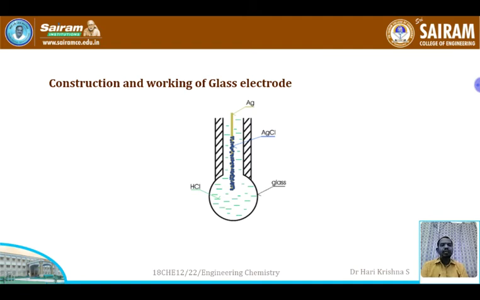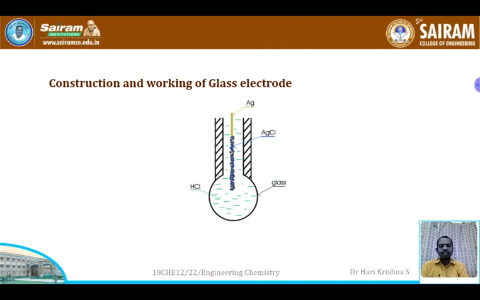This glass electrode consists of a bulb with high conductivity and low melting point. The bulb, whatever you are seeing here, contains a solution of known pH and concentration. Normally the solution used inside the bulb is 0.1 molar HCl. It also contains an internal reference electrode.